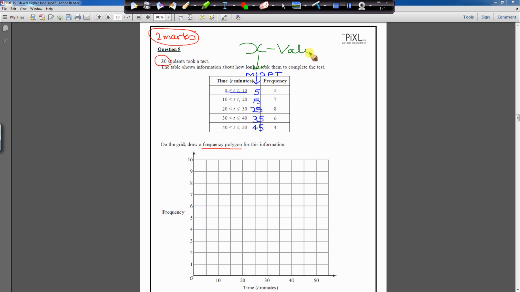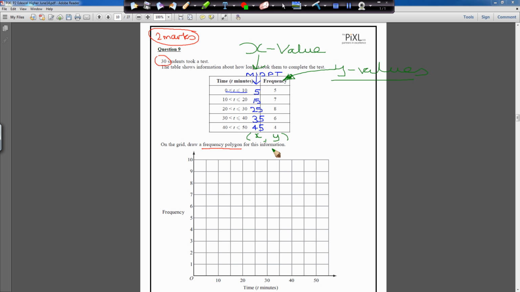If we mess up these basic things, we'll get it wrong. And the frequency corresponds to our y values. So this is our x coordinates, and these are our y coordinates.